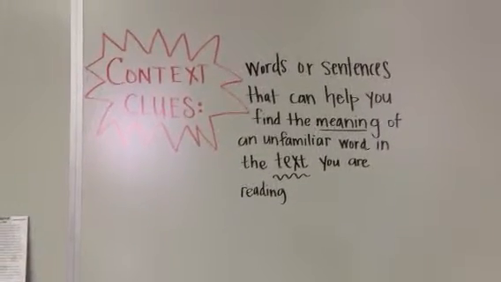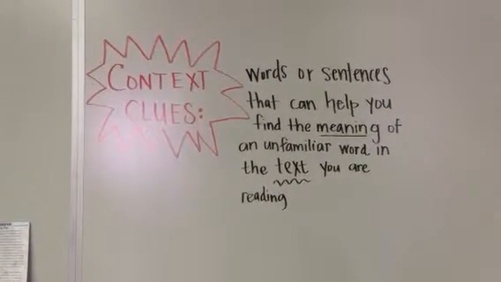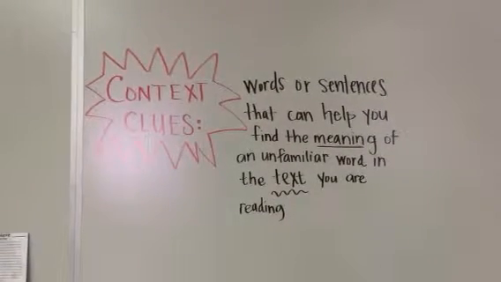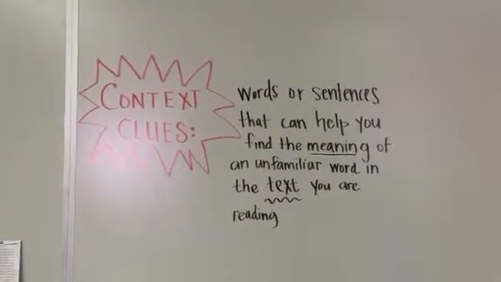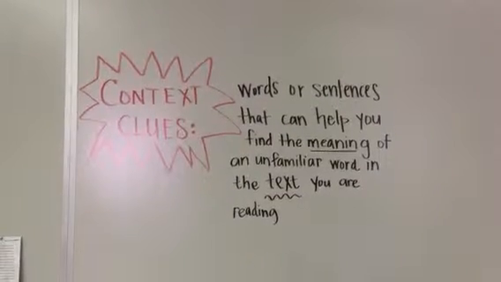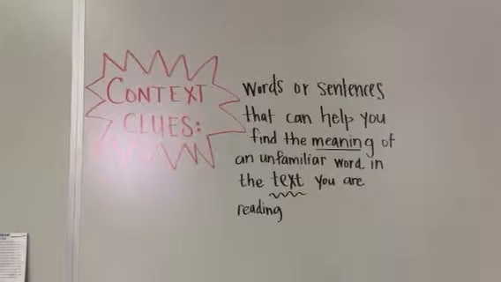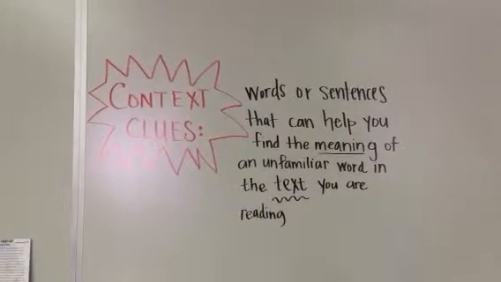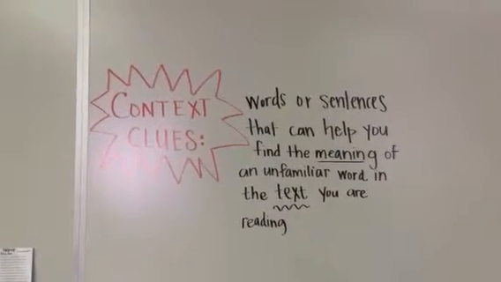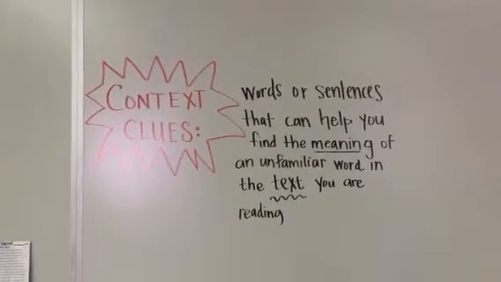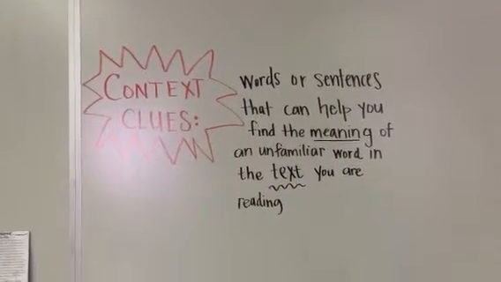Now, context clues won't necessarily help you figure out what that word is if it's an unknown word, but it will help you to figure out what the meaning is. You may know the word, but you maybe just don't know what it means in the sentence or in the context. And context is just what the article or the writing piece is about.